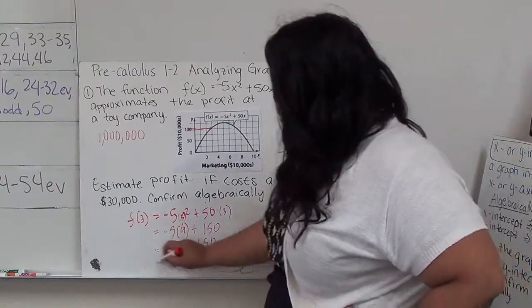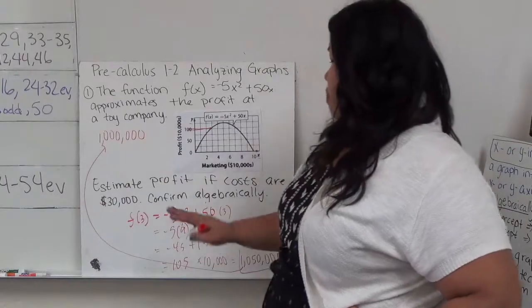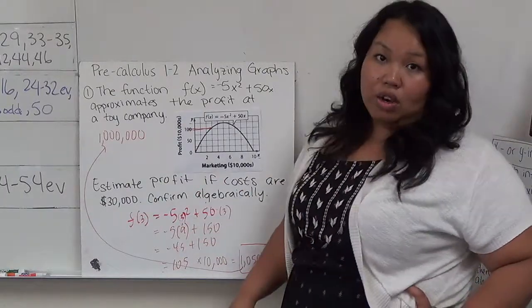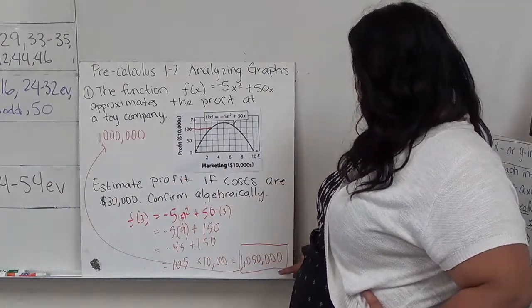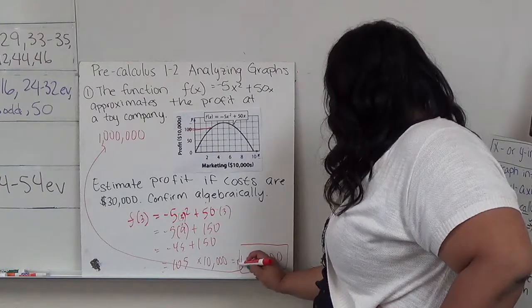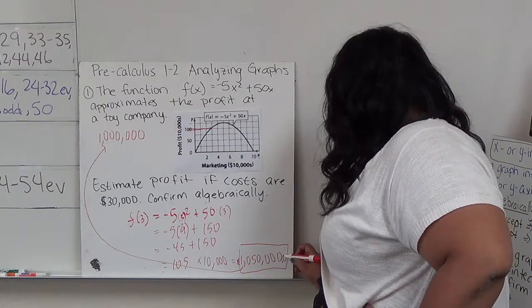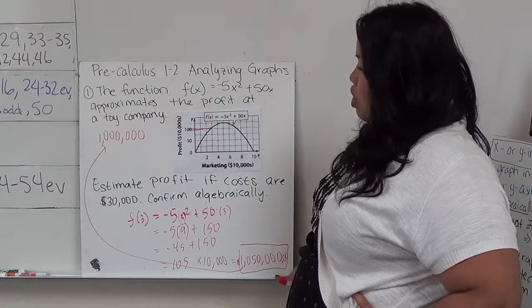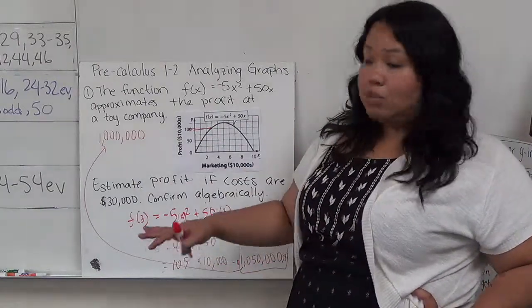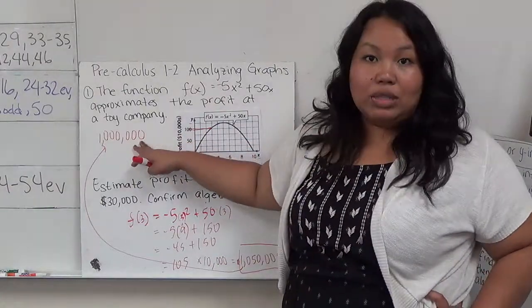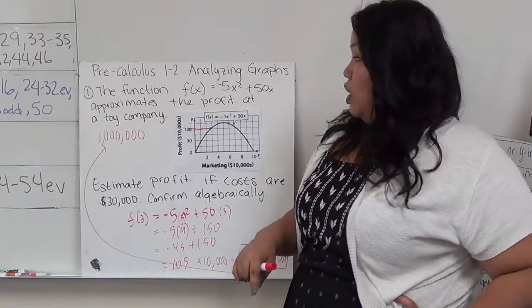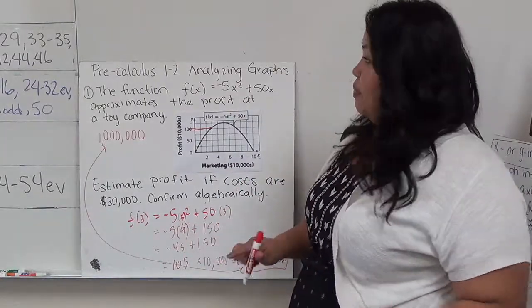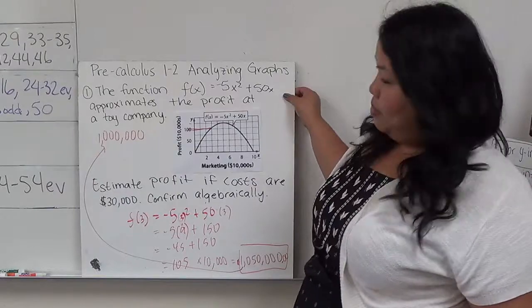And this matches, so it's 50,000 off, but it's close by. And we're estimating here. This is supposed to be dollars. Algebraically, we get an exact number, more exact than graphing. And sometimes you need more exact, sometimes you just need a rough estimate. It just depends on the situation. So go ahead and pause and write this down. I have another board for you.